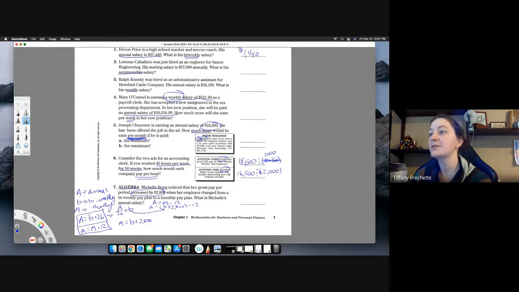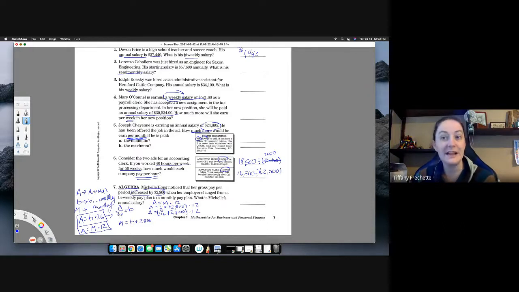So A equals A over 26, because I'm replacing the B with A over 26, plus 2,800, times 12. I replaced the M with B plus 2,800, and then I replaced the B again with A divided by 26. So I did a double substitution there.